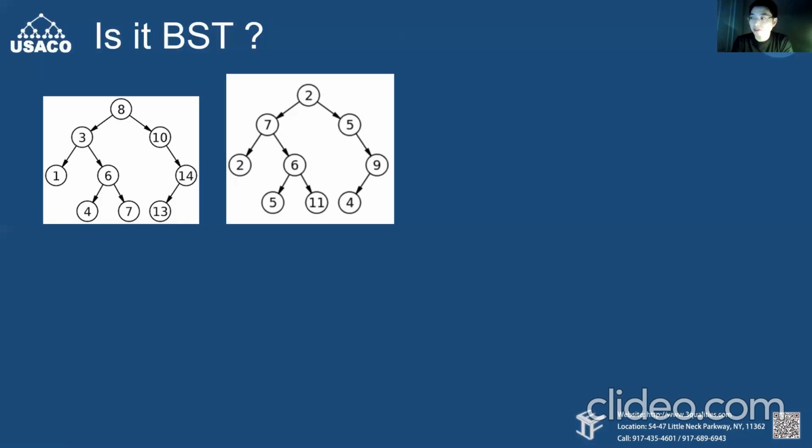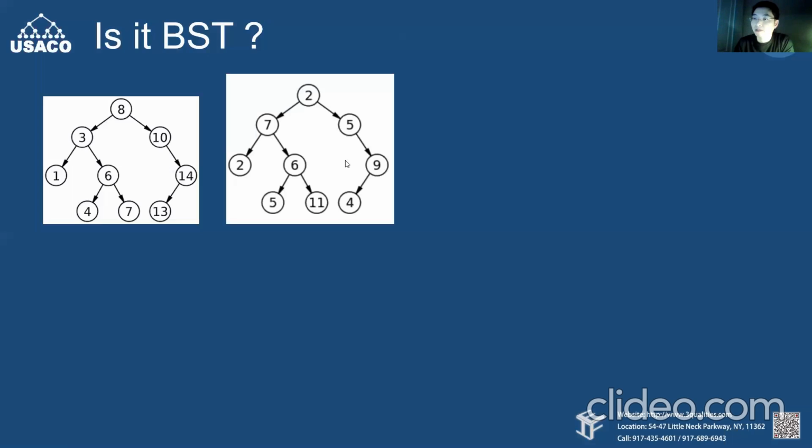Okay? Victor? You did the binary search tree? It's a binary tree because the children are 2 and less than 2. Which node are you talking about? The second tree, right?